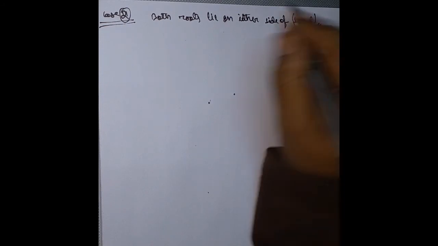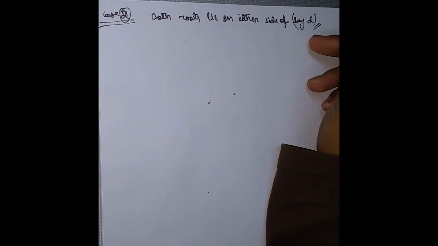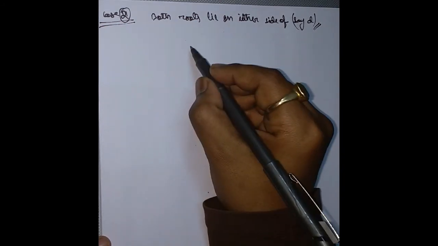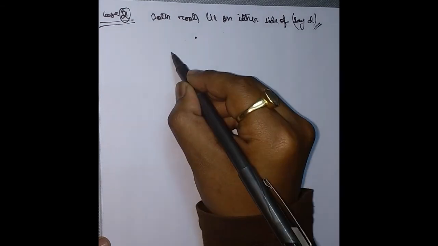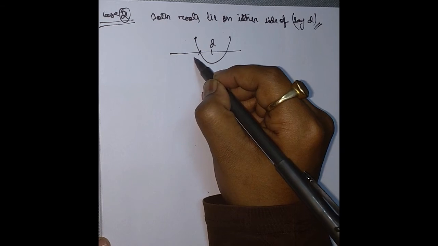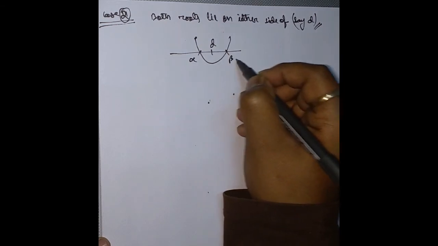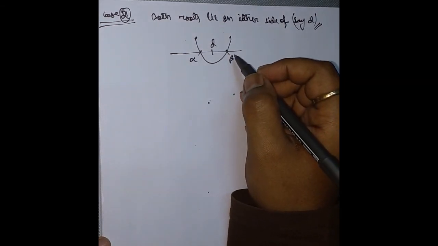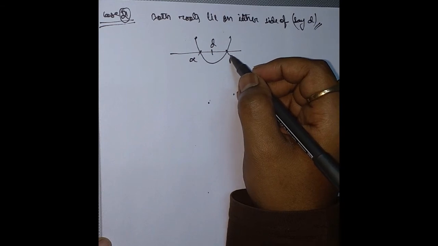Both roots lie on either side of any number, say d. So the equation will look like this: d, alpha, beta, which are the two roots of the equation.